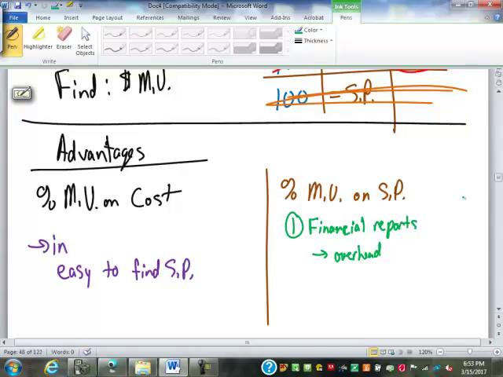It's usually easier to figure out your overhead and all those other expenses as a percent of your total sales. Your rent is this percent of our total sales. Our utilities is this percent of our total sales. Unassignable labor cost was this percent of our total sales, and so on.